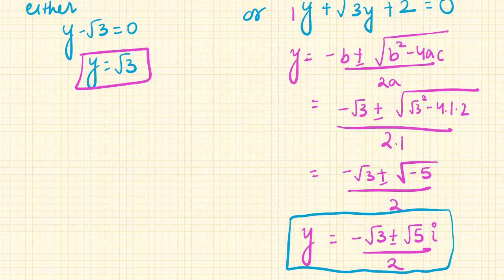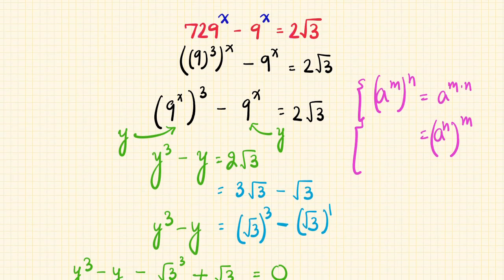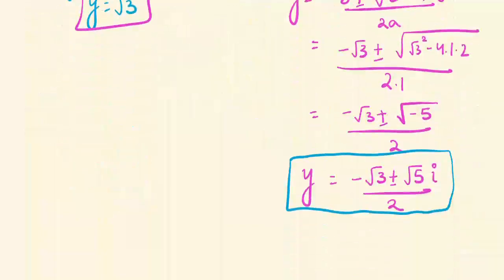Now recalling which equation, because I was supposed to find x, right? So we called y what? My y was 9^x. I let this be y, I supposed.